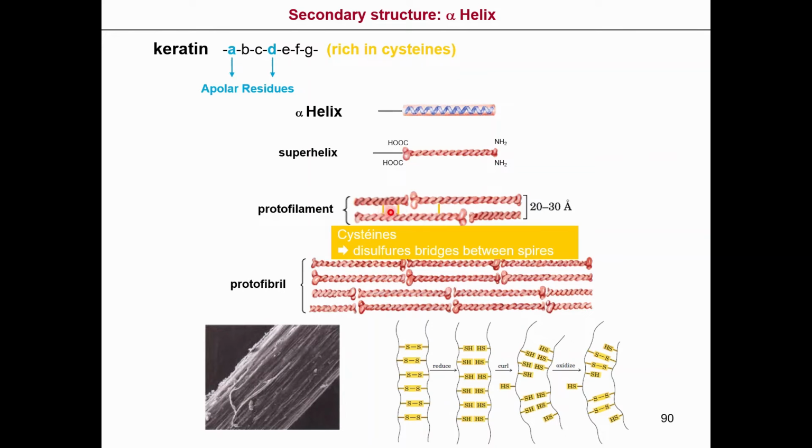And after you will have cysteine, so disulfide bridges between the different superhelices. And so you will have a protofiber. Okay. And what I told you about the wavy hair: when you want to change your hair, you reduce the disulfide bridge, curl to have wavy hair, and oxidize to create new disulfide bridges and to have your hair like you want.